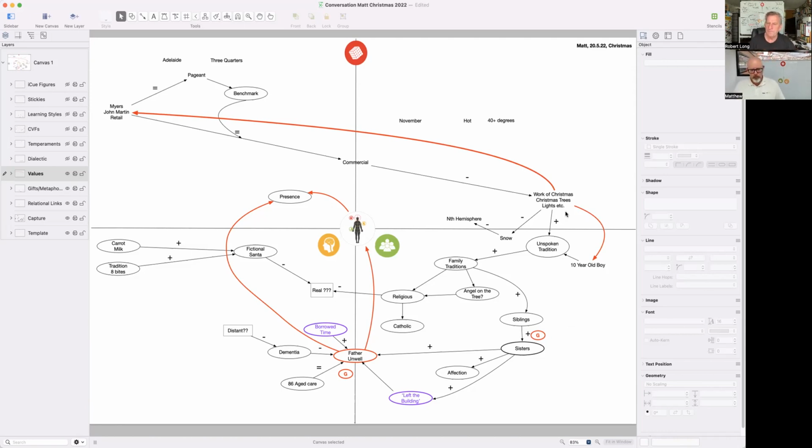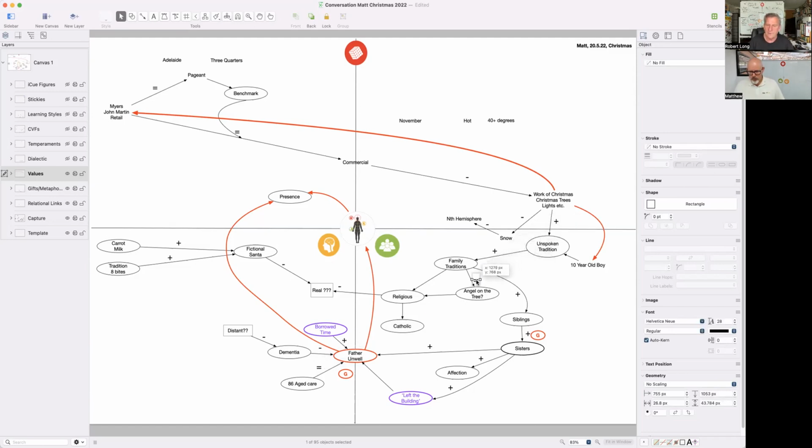So, for example, when you started speaking about this unconscious Christmas tradition, that was a positive comment you made, and that led us in a positive way to family traditions and this idea of you putting the angel on the tree. Now, I didn't give that a value, but I'm just going to give it a value now.